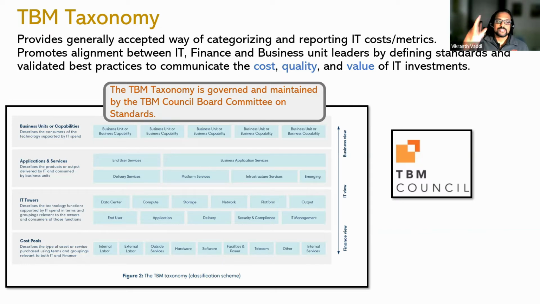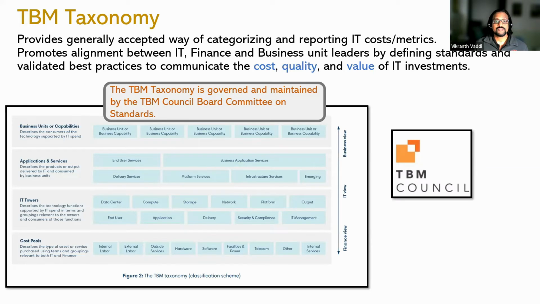So what you're seeing on the screen is 4 layers. On the top, you have business capabilities, followed by applications and services, IT towers, and cost pools. So if you're a finance person, you're already thinking about the cost pools, and how your cost pool is connected to an IT tower. And that's where the IT conversations happen.